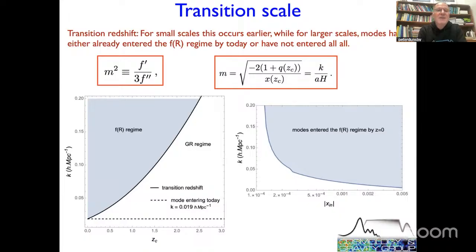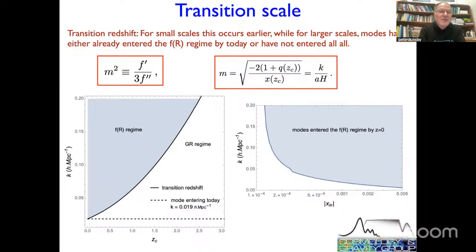Now, on the left-hand side, you have a similar picture where, again, you can pick a scale. For example, you pick a scale where k is equal to 0.05, and then you can work out what the transition redshift is for that scale, so at what point those scales feel the fifth force, so to speak, and enter the f of R regime.